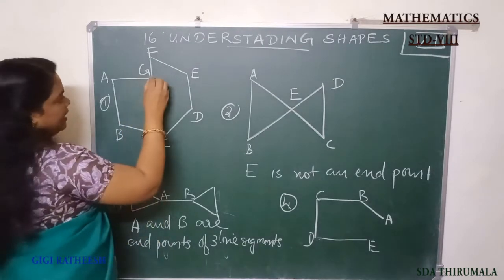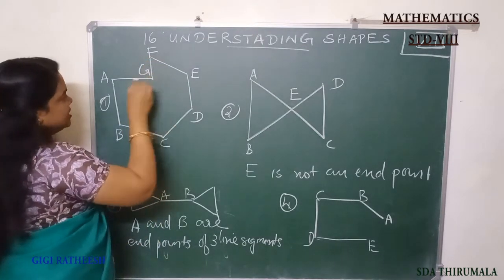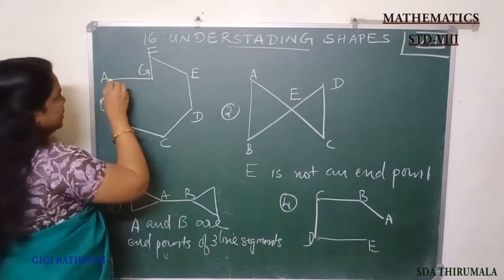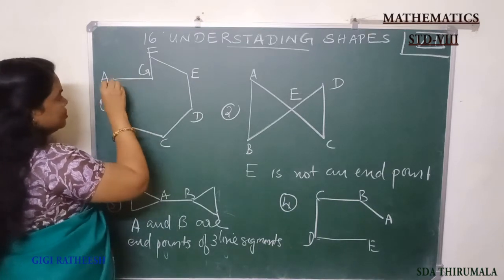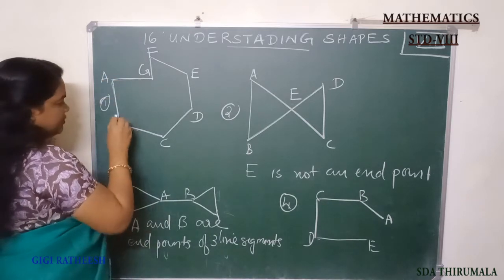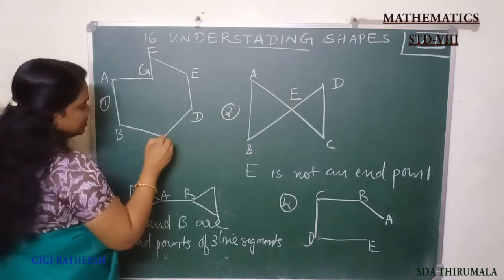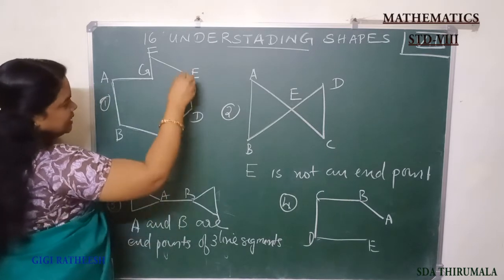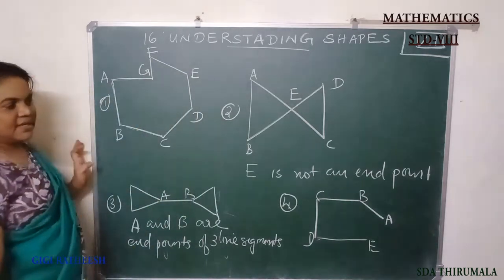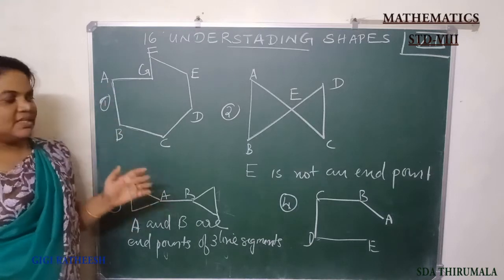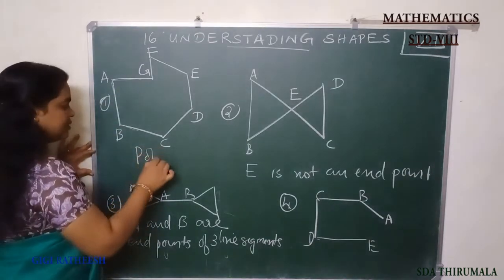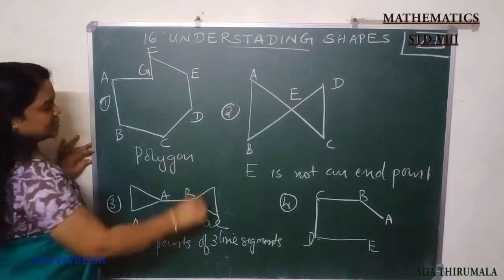For endpoint A, there are 2 line segments joining. B has 2 line segments joining, C has 2 line segments joining, and D, E also have 2 line segments joining, and this is also a closed figure. So we can say that this is a polygon. It satisfies the conditions of polygons.